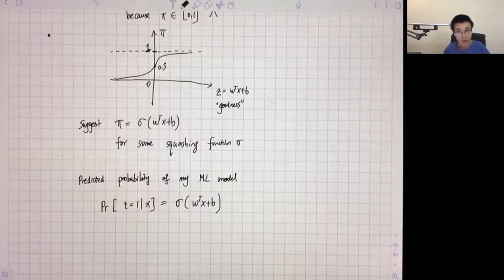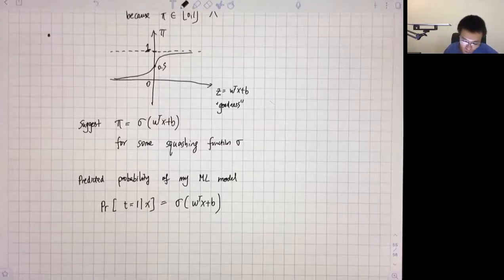So now it gives me a probability model, right? I have some input, then I have some conditional probability of my target given input, then it pretty much follows my linear regression model.